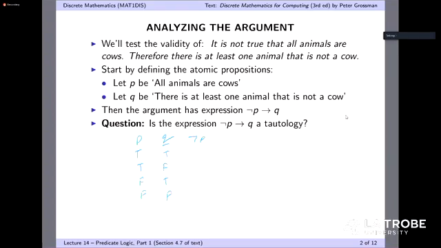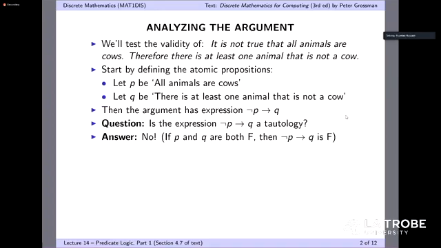Not P would be false, false, true, true, and not P implies Q would be: now you're looking at not P implies Q. So when the tail is false, whatever the head is, this would be a true statement. Now, the tail is true and the head is true, that's a true statement. Now, the tail is true but the head is false, that's a false statement. So you can clearly see it's not a tautology by drawing this table.